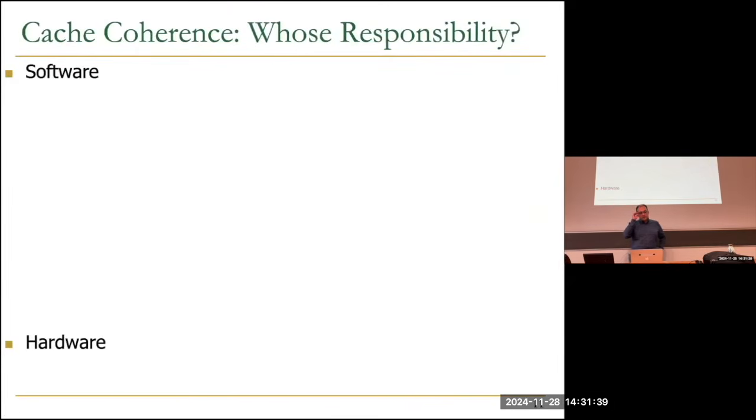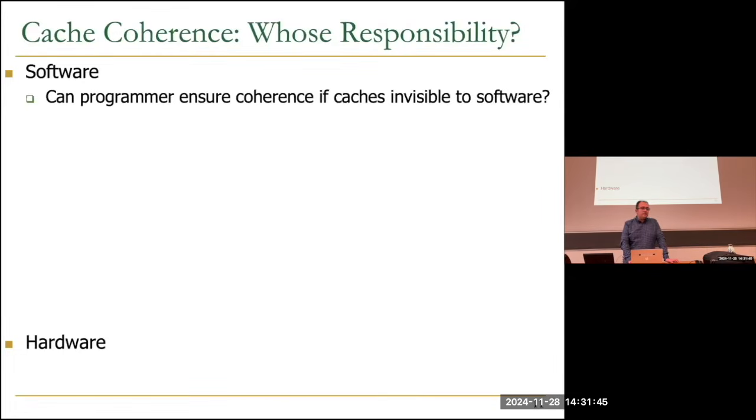So the first question is whose responsibility is it to provide cache coherence? There might be some software solutions. We're going to provide a very brief overview of software techniques, and then we're going to dismiss them, because we can argue that a true software implementation is almost impossible.